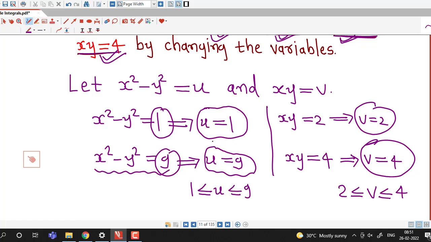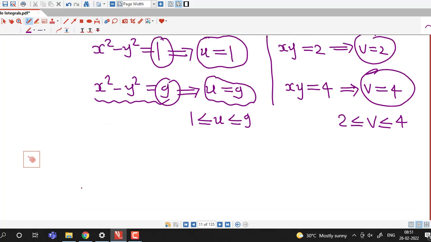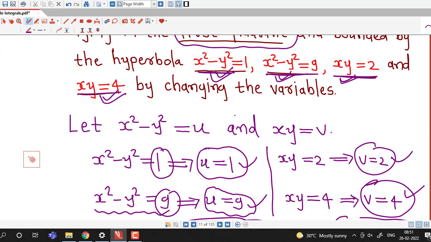So the region we will obtain in the UV plane will be the rectangular region bounded by these four lines. And if we have a rectangular region, the limits of integration will always be constants. So limits of u will be from 1 to 9, limits of v will be from 2 to 4. So we are able to obtain the limits of integration for u and v directly without sketching the region of integration.